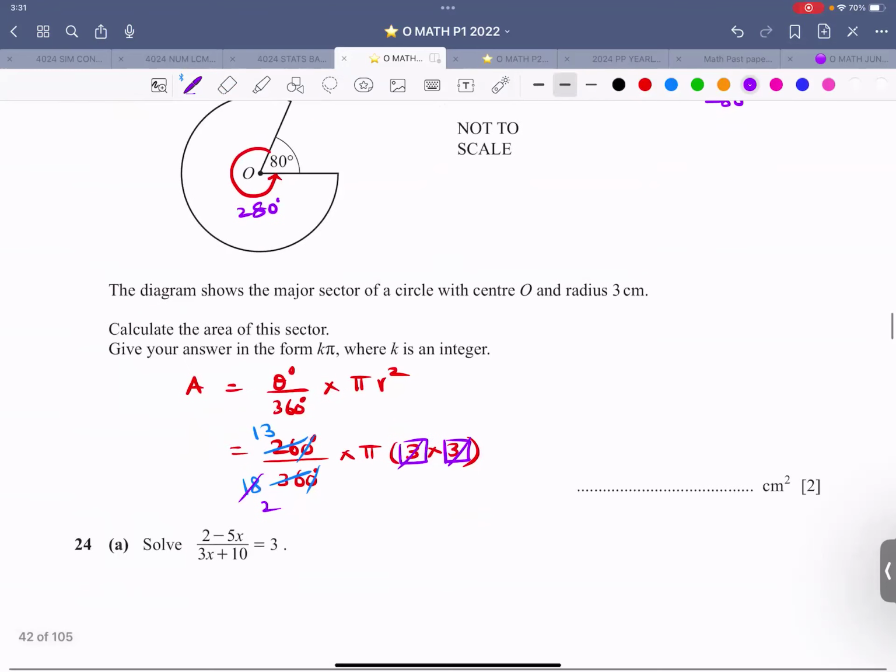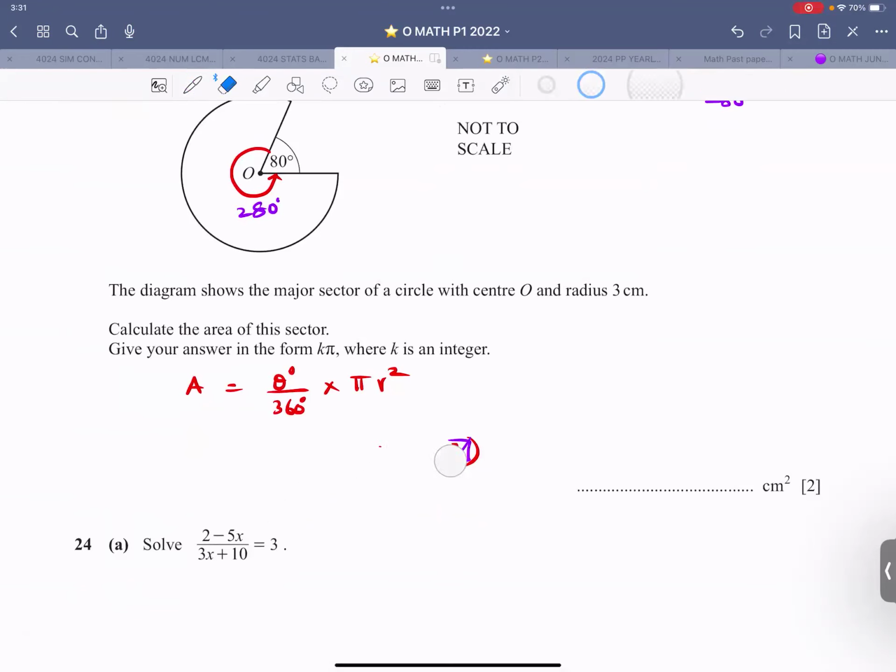I was just struck by the fact that it should be an integer, so why is my answer coming out to be a decimal? So therefore, this is 280 divided by 360 into pi into r square, which is 3 into 3. Now let's simplify. Cancel off the zeros first.